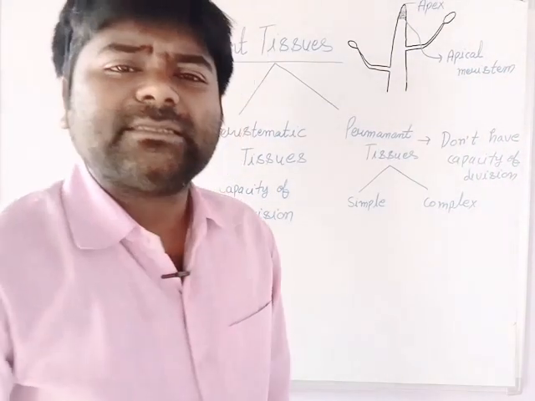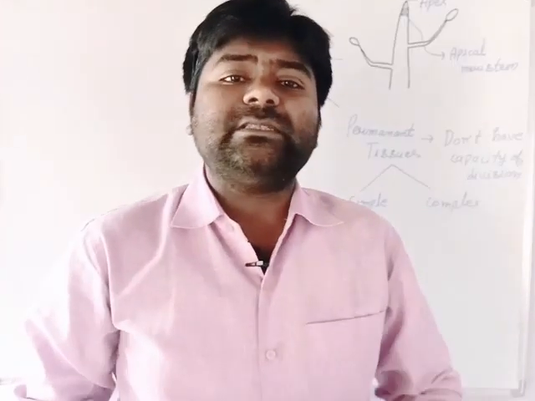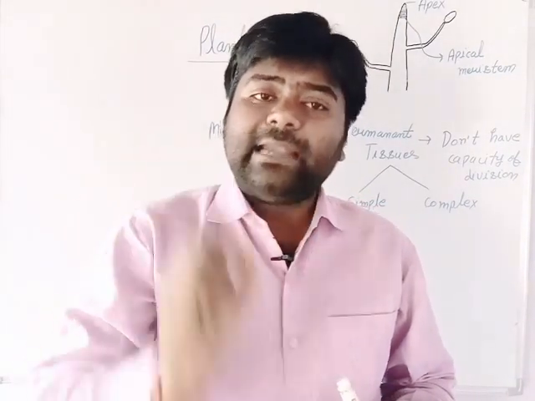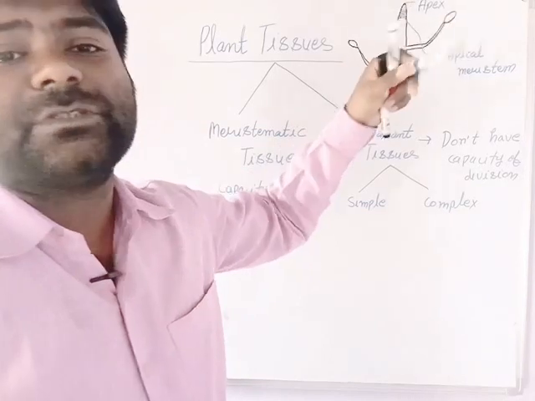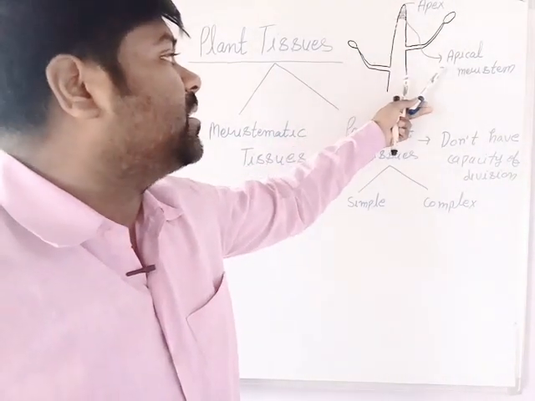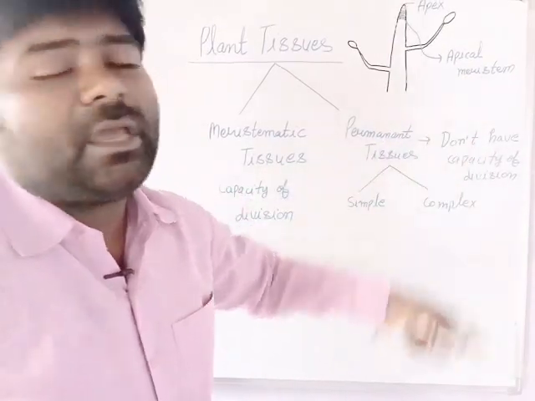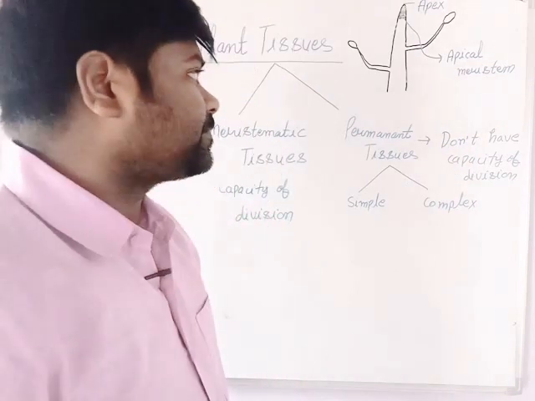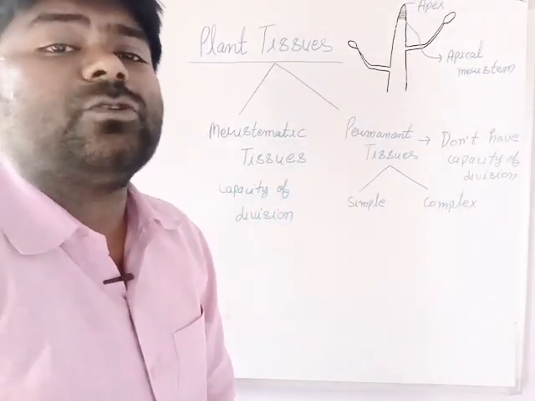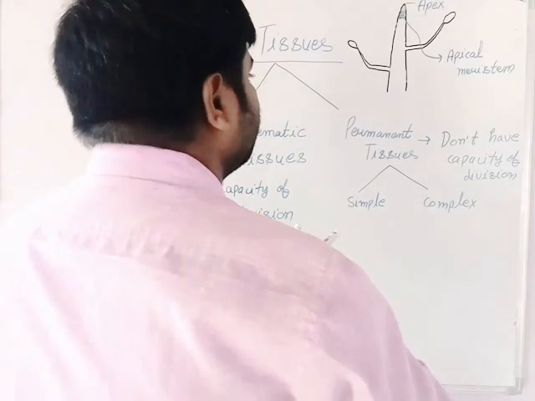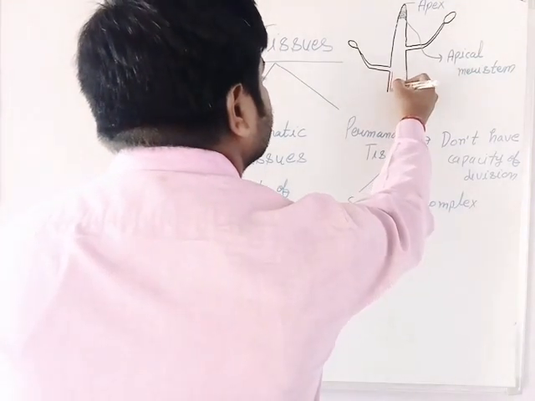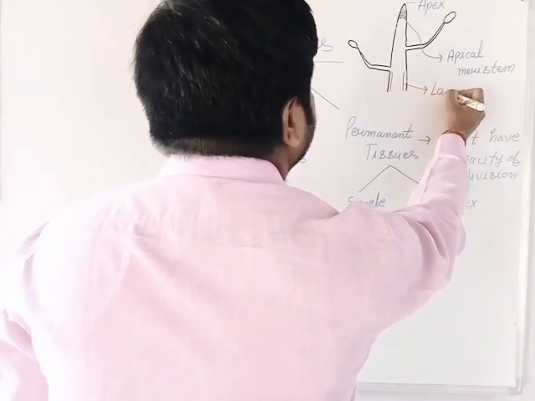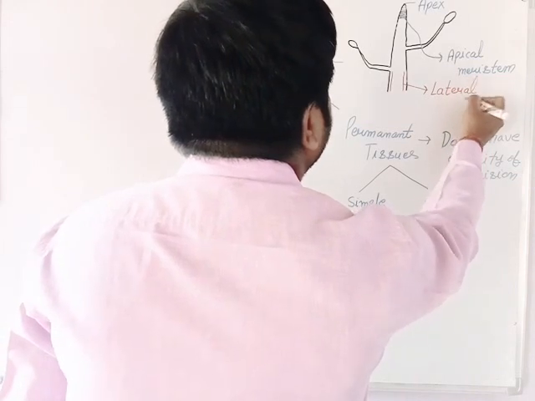I think this is the simplest way to understand it: those meristematic tissues situated at the apex, the tip, we call apical meristem or apical meristematic tissues, responsible for the growth of height. And here there is also the presence of meristem, known as lateral meristem.